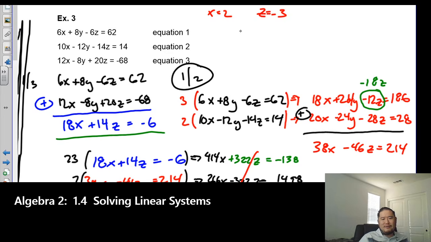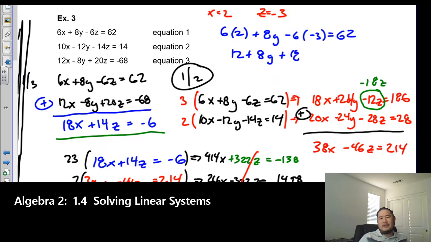Don't want to mess up here at the very end. So we got ourselves 6 times 2 plus 8y minus 6 times negative 3 is equal to 62. Alright, so 12 plus 8y plus 18, because negative times negative is a positive, is equal to 62.